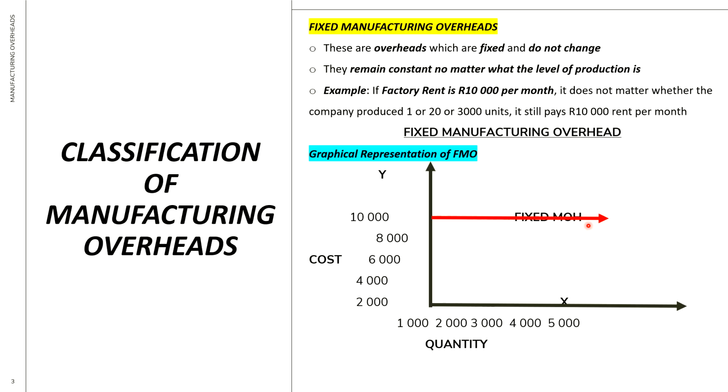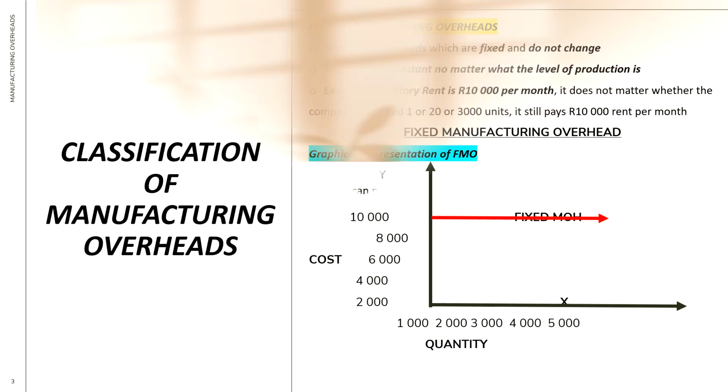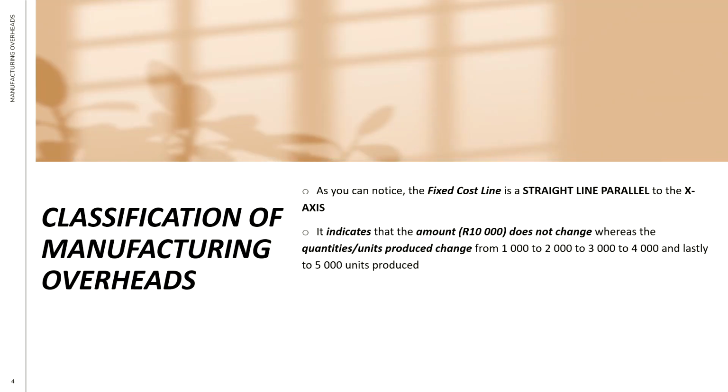Now let's go to another one, which is variable manufacturing overheads. Let's go to the next slide. Okay, let's continue with the first one. So they say, as you can notice, the fixed cost line, if you look at that diagram that we have just presented now, the fixed cost line is a straight line parallel to the x-axis.